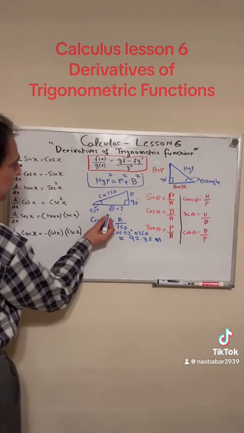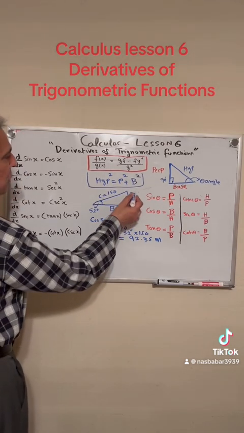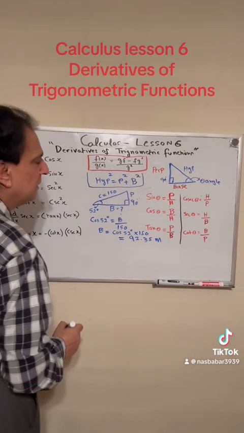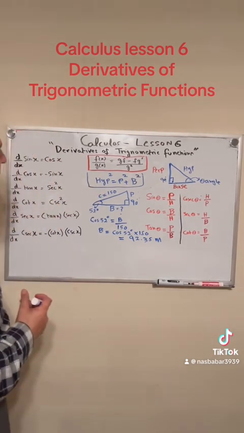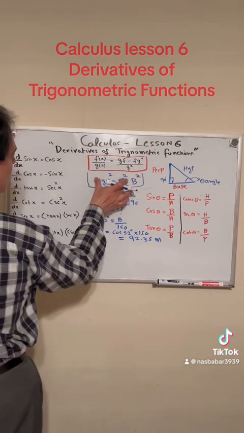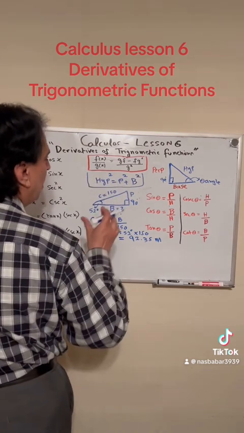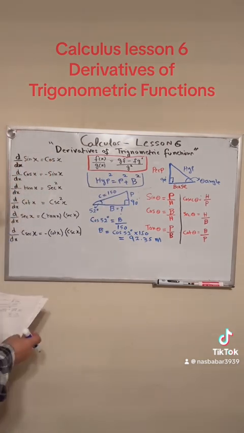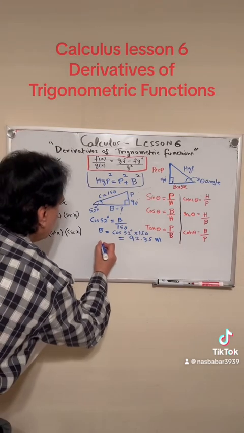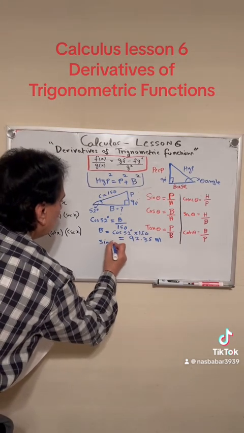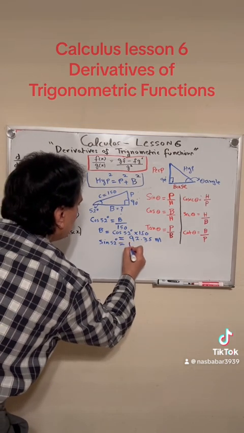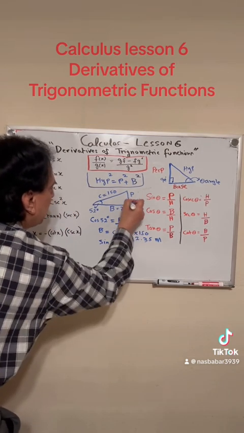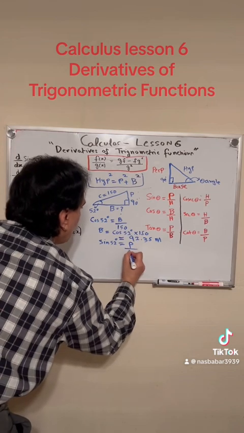All right, now let me ask you this. You've solved for base already. What if I ask you, can you solve this for the perpendicular? Find out how long the perpendicular is? Yes, easy peasy. We can either apply Pythagoras' theorem, or we can just say we know sine of 52 degrees would be equal to perpendicular, which we are trying to find, this right here, over hypotenuse.